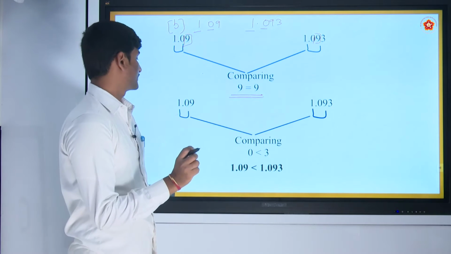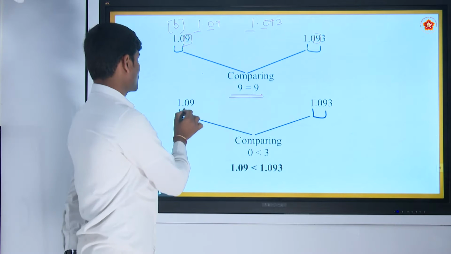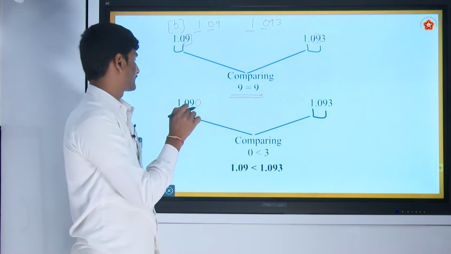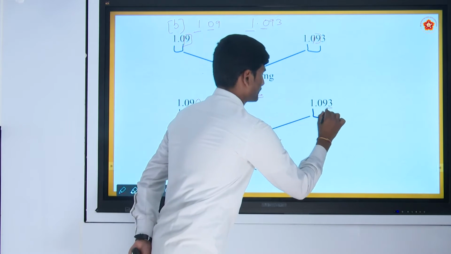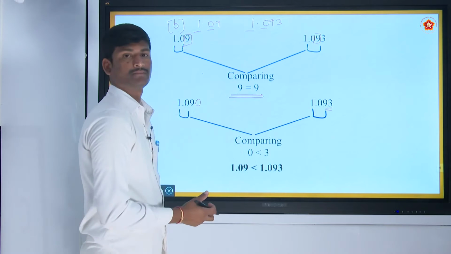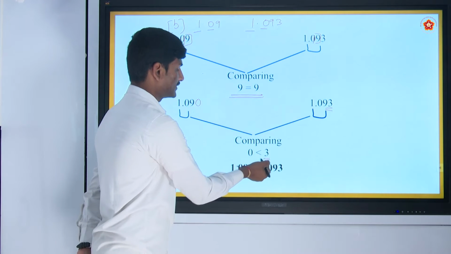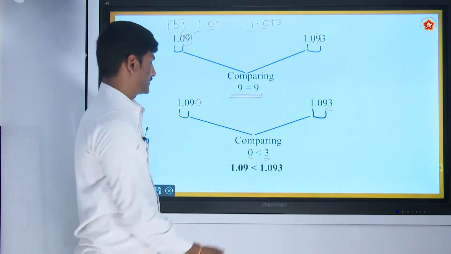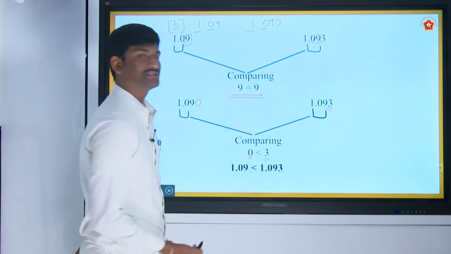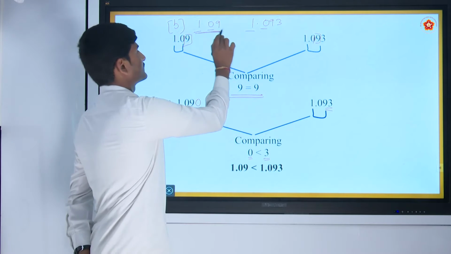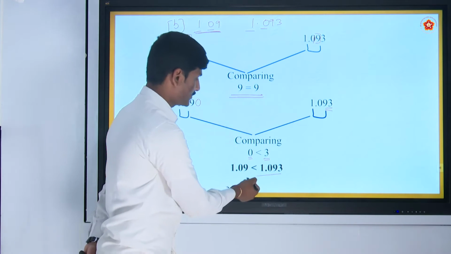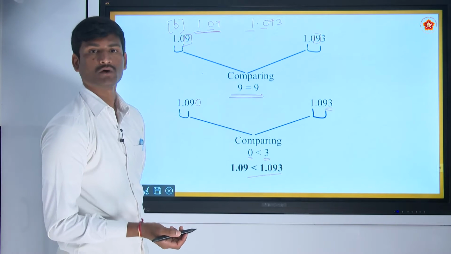Then comparing the thousandths place, here 0 and 3. Which one is greater? 3 is greater and 0 is lesser. Hence 0 is less than 3. Therefore 1.09 is less than 1.093.